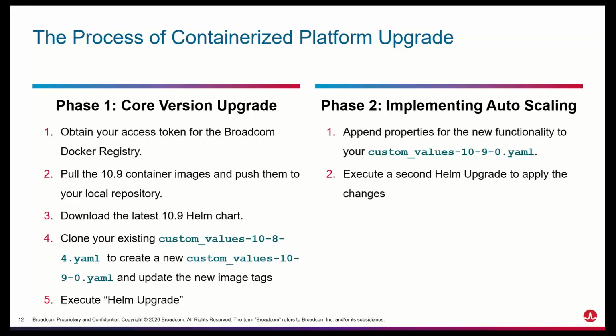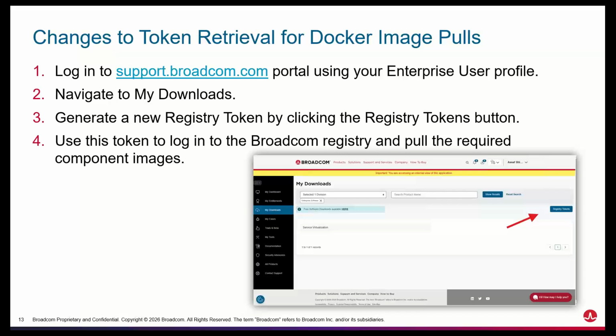In the next slide, we have the slight changes for obtaining the access key. Up until recently on the Broadcom support site, you had to choose your specific product, link to your specific version, click the Docker icon, and then you got some indication how to do it. We are now making it easy for customers. Assume that you have several Broadcom products.